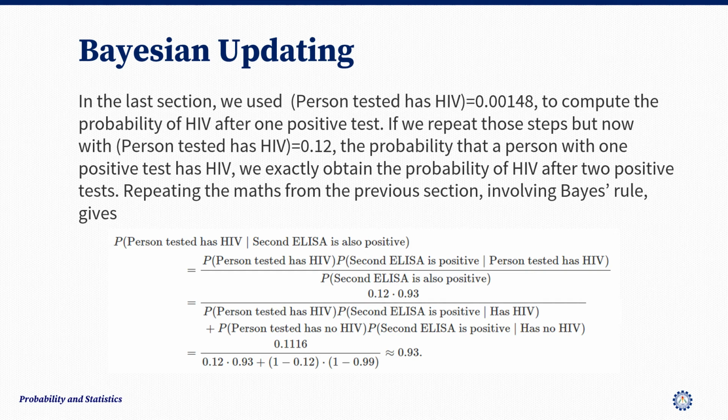In the last slide, we used the probability that the person tested has HIV, which is 0.00148. To compute the probability of HIV after one positive test, we repeat those steps, but now with the probability that the person tested has HIV equal to 0.12, the probability that the person with one positive test has HIV.